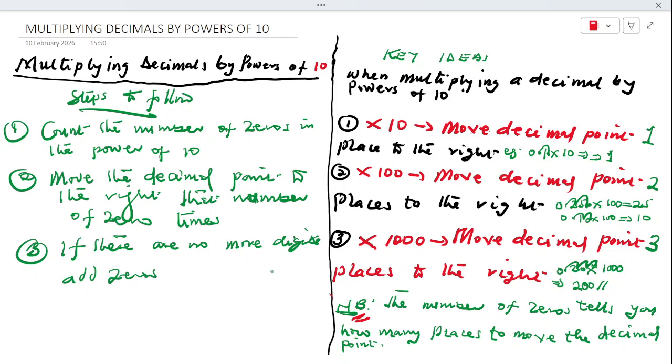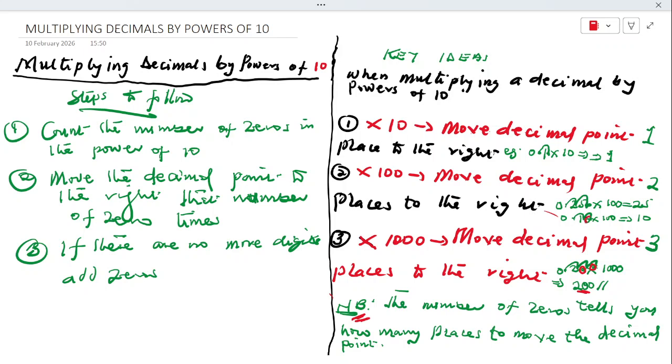Now that we have seen here that in this place, as we move, there are no more digits. So you what? You add zeros. So here 0, here 0, before we're able to get the 200. So this is what we are talking about. And then here, because it's 0.1 and we move it, there's no digit here, we added what?